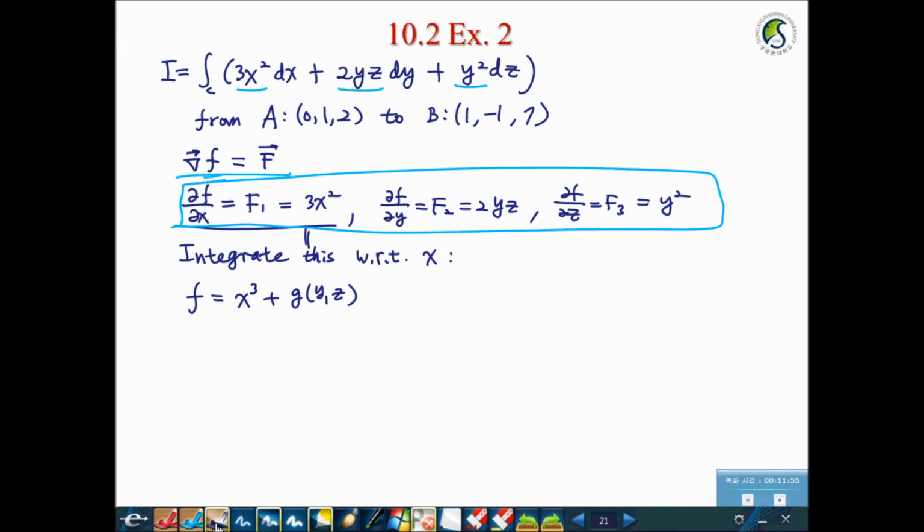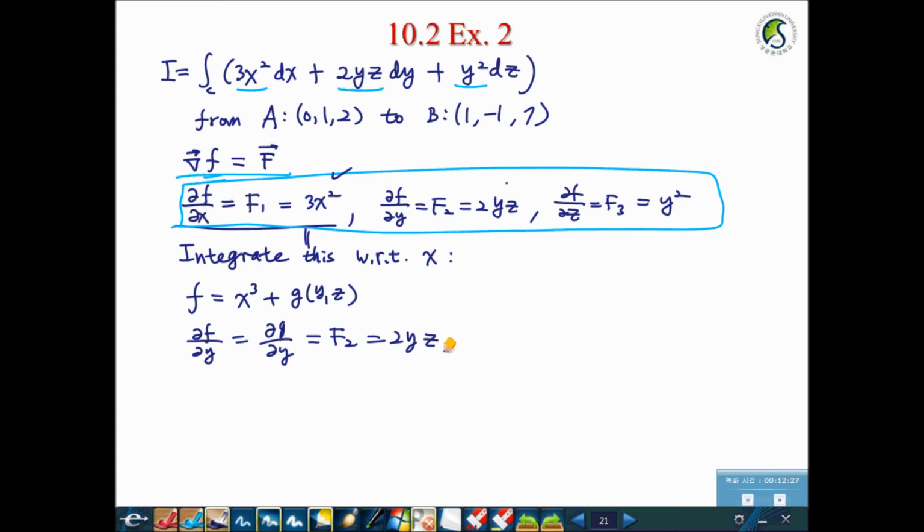We already used this one, and we need to use that one and that one. So we're going to differentiate f with respect to y. It's dg over dy, because this one vanishes. This is a partial differentiation in y and z, and that's F2, which is 2yz.